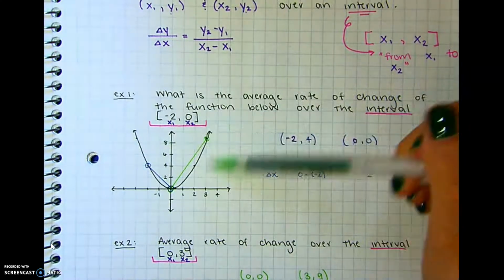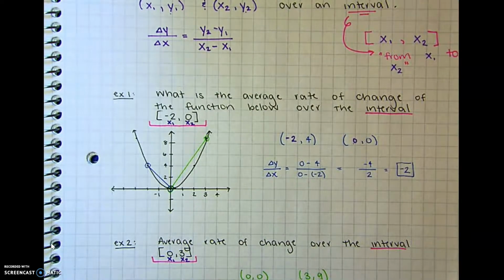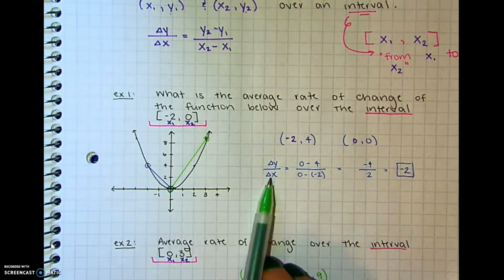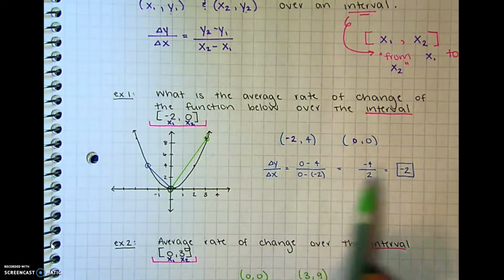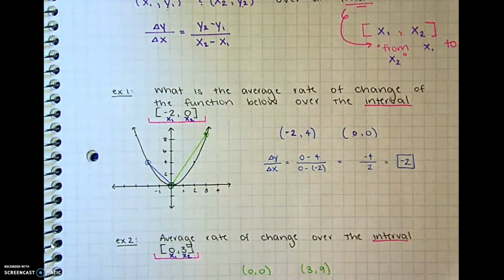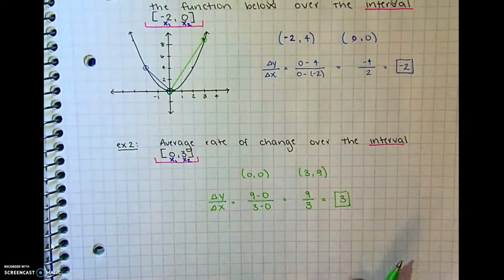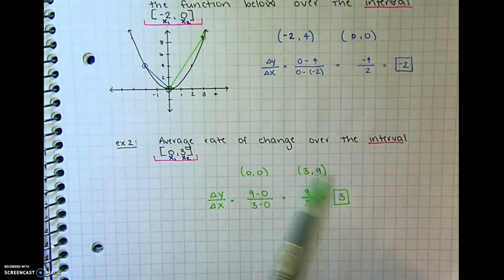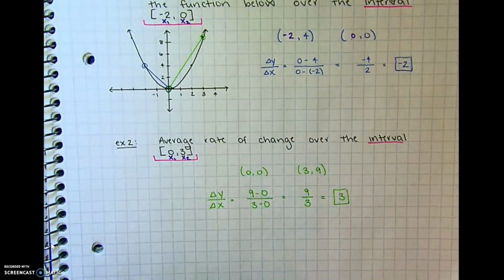Now you don't have to draw the lines here. As far as work goes, required work, honestly, is just this whole thing. I want to see change in y over change in x, substitute it in, final answer. Oh, sorry, I didn't realize you couldn't see. Okay, so you don't have to draw this part, but you do have to show all of this. And that's it for the average rate of change.